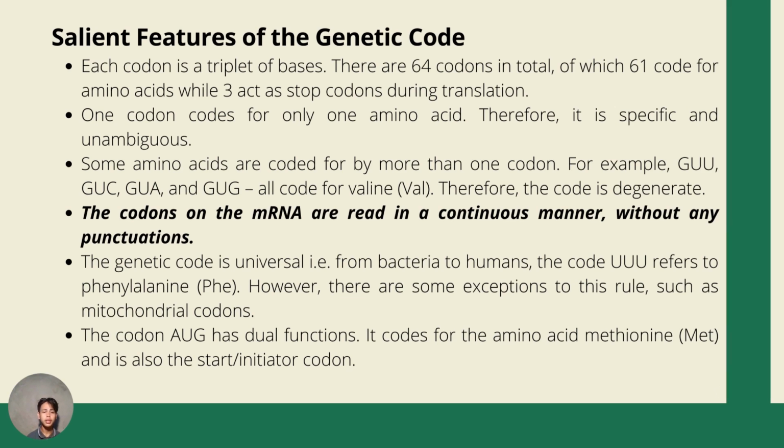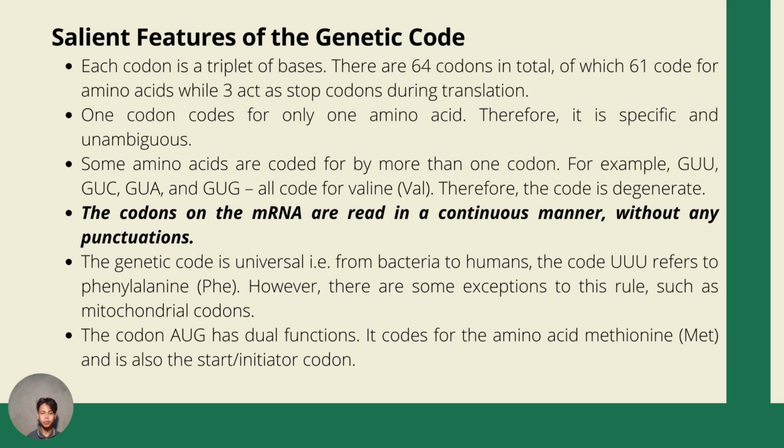Take note also that the codons on mRNA are always read in a continuous manner without any punctuations. The genetic code is universal from bacteria to humans. For example, the code UUU refers to amino acid phenylalanine.